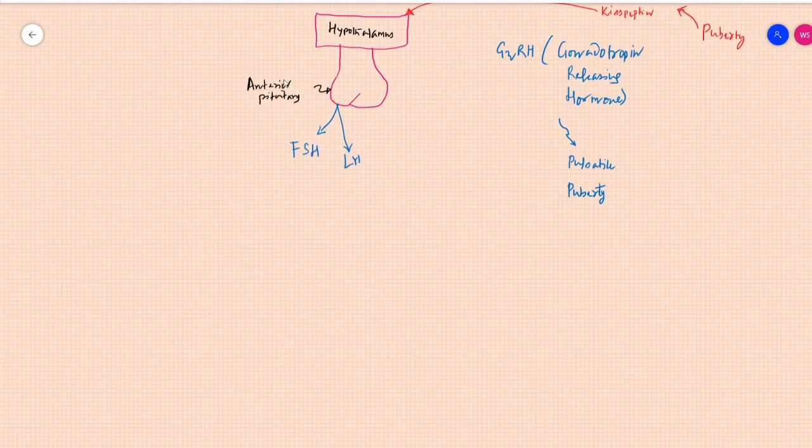So the release of gonadotropin releasing hormone in pulsatile sequences releases gonadotropins, which bring cyclic changes in the ovary and the uterus.